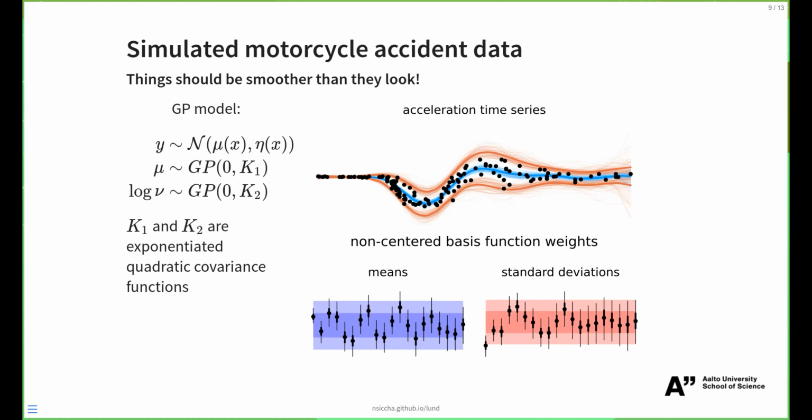And you can see this, for example, here in this lower plot, where these black lines are the posterior marginal standard deviations, and these bands are the prior distributions of the parameters. You can see that the higher frequency basis function weights are essentially equal to the prior because you don't have any information on this, but the basis function weights for the slower basis functions are more determined than the other ones.